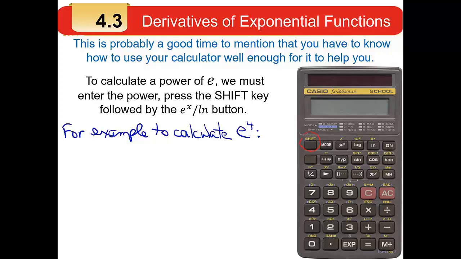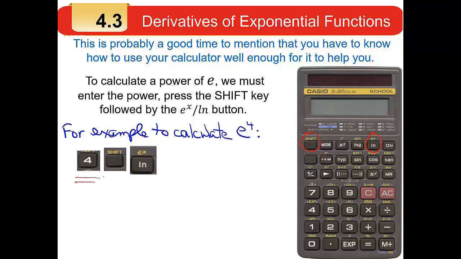There's the shift key, and there's the key I'm talking about. It's got ln on the face, and it's got e to the x above. And when you hit shift, it executes the function above the main button. So, for instance, if I wanted to calculate e to the 4th, you'd put the exponent, the power in first, the 4.